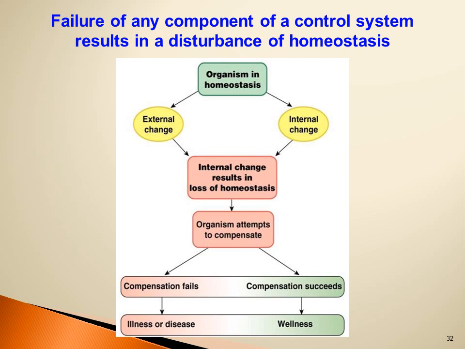Our organism will attempt to compensate for that loss. If the compensation fails, then illness or disease or even death will happen. If the homeostatic mechanism is successful or the compensation is successful, then well-being is maintained.